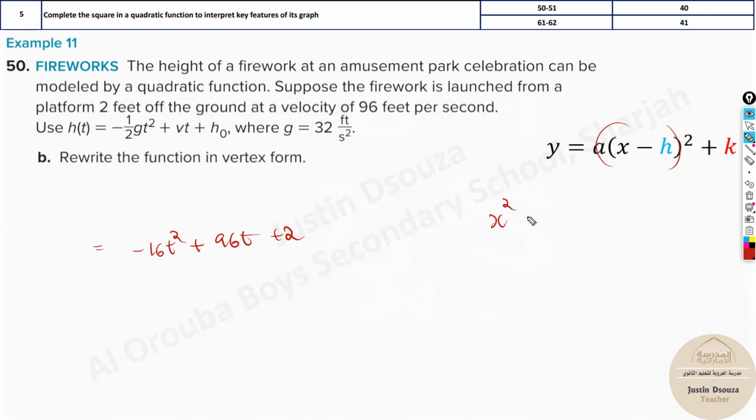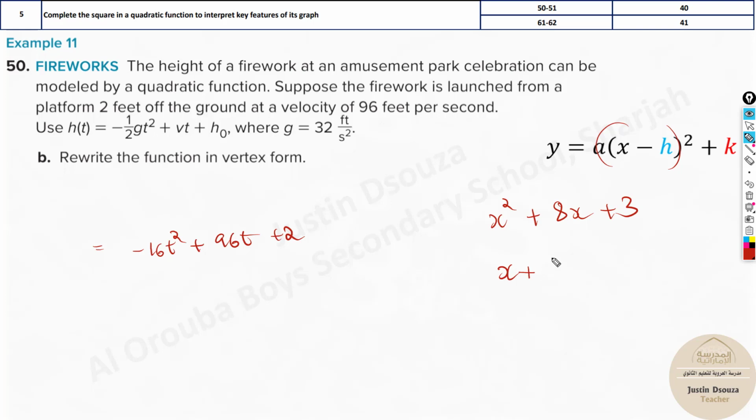Imagine I have x squared plus, let me take a bigger number, say 8x plus 3. I need to write it in terms of a whole square and another number. The method is very simple. This part must have no coefficient. It should not be anything other than 1. Here, just write x. What is the sign? It's plus, just write plus.